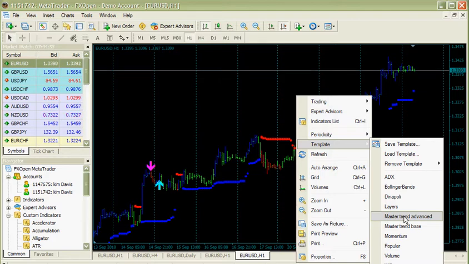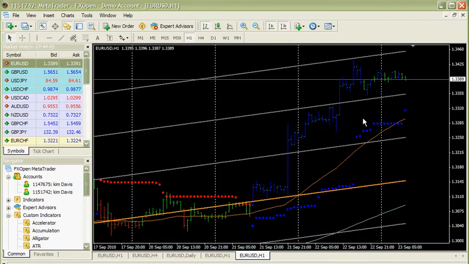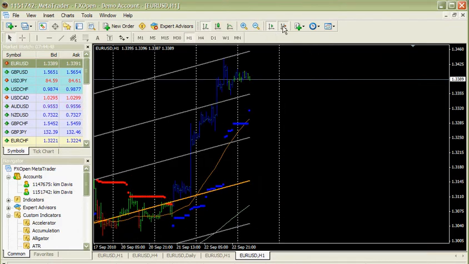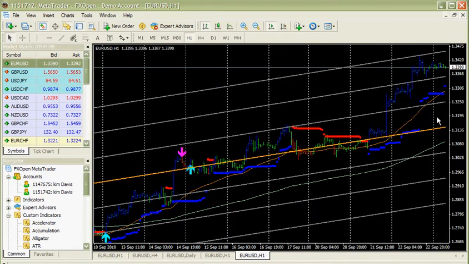So what you see on your screen is the base template, and I'm going to switch into the master trend advanced. As you can see, what you saw before is basically the same system. It's just we added a few additional indicators to help you avoid going into trades that you don't really have a good chance of success.